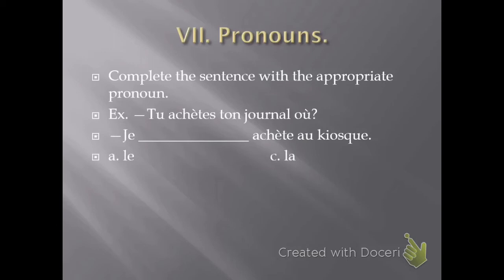Is it A, le, B, les, C, la, D, l', or E, en? So you're asking where you buy your newspaper, and I buy it at a kiosk. Our correct answer is D, l'. Normally it would be A, le, because newspaper is masculine, ton journal, but because achète starts with a vowel, we have to use l' because of our double vowel rule.